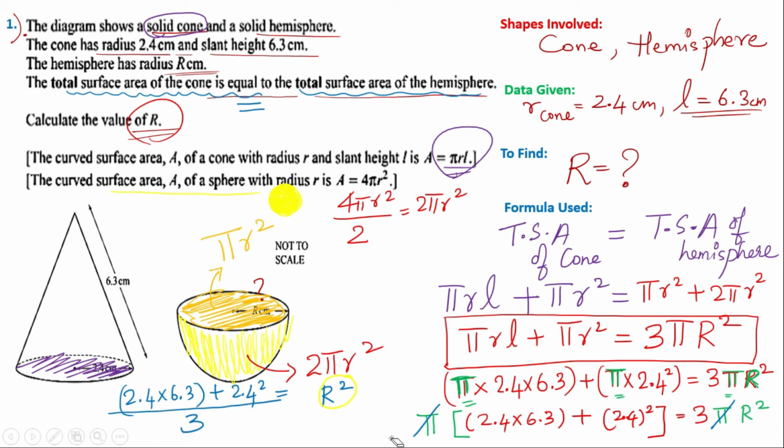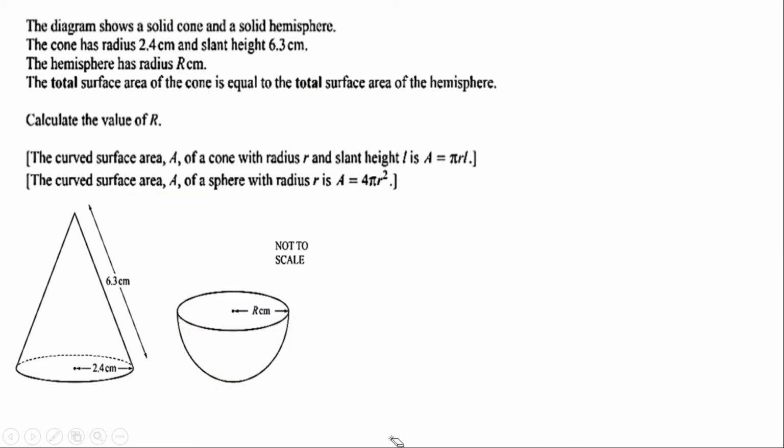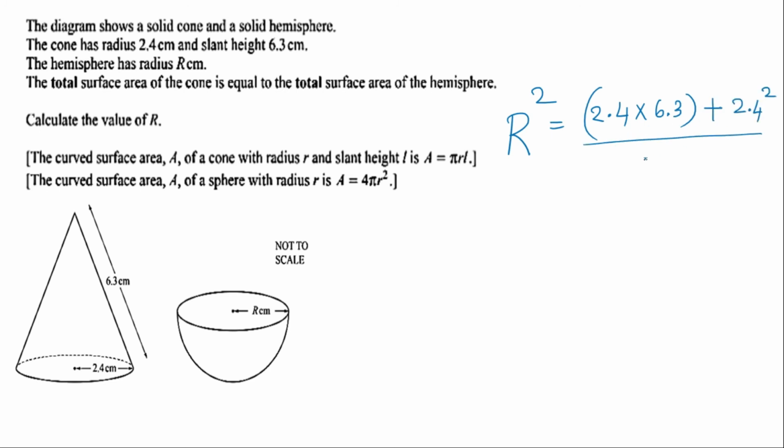Let me take the calculations to a new page. R square equals 2.4 multiplied by 6.3 plus 2.4 squared, divided by 3. So R is going to be the square root of 20.88 over 3.